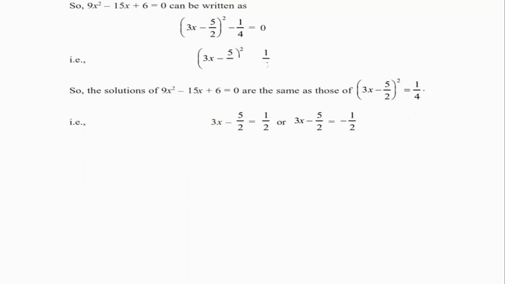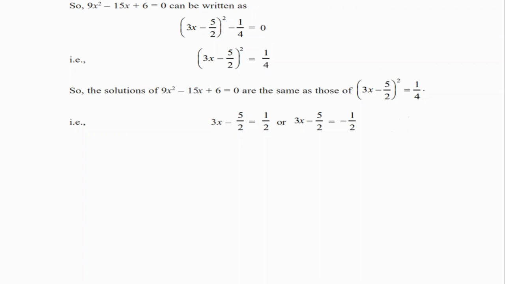So, again, we can write this 9x square minus 15x plus 6 equal to 0 as 3x minus 5 by 2 whole square minus 1 by 4 equal to 0. Or 3x minus 5 by 2 whole square equal to 1 by 4.